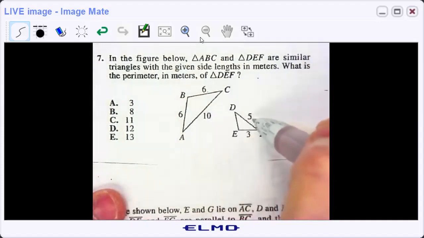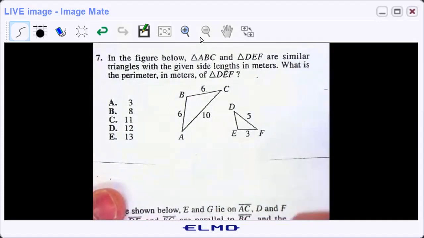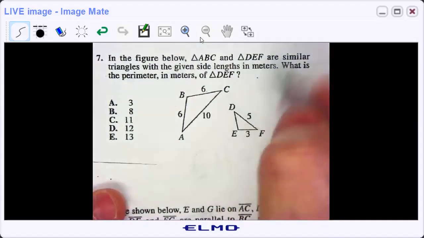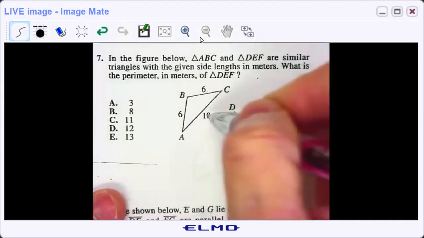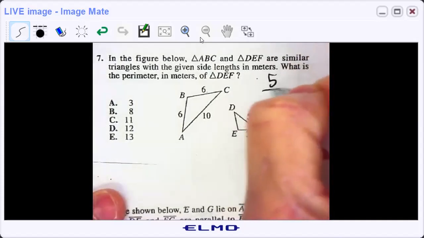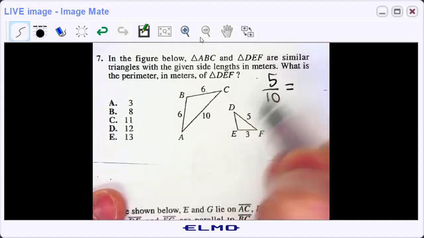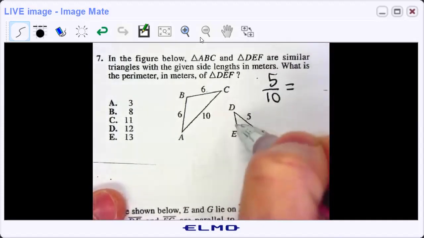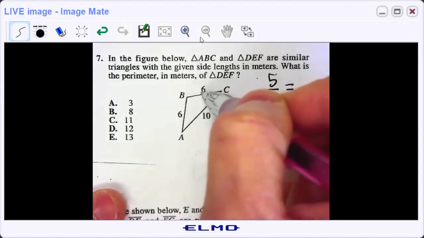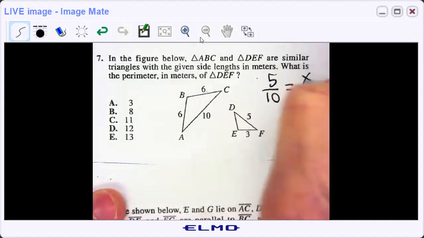And so, again, we're going to set up a proportion first, but then I'll show you how to do it without. So you basically are going to take the corresponding sides of 5 and 10, and 5 over 10 has to equal, and go back to the smaller triangle now, smaller over big, smaller over big, which would be 6.